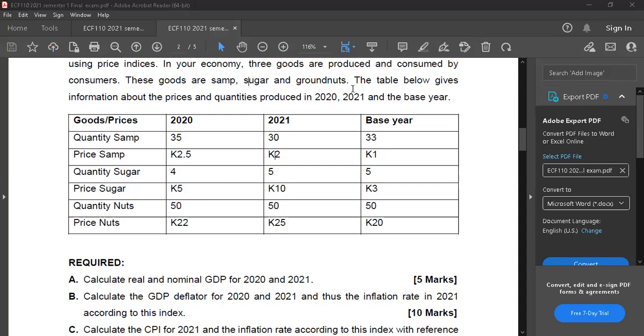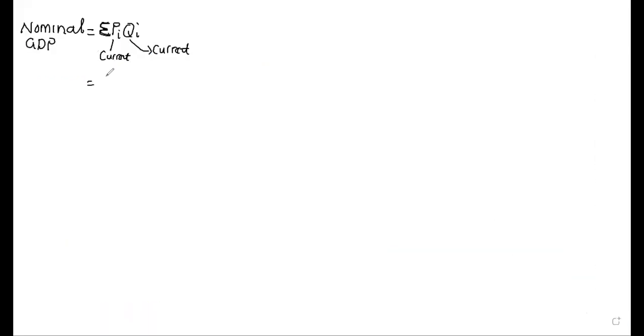What's 2020? 2020 is right here, this column. So we have stamp, it's 35, and then the price is 2.5. So you say 35 times 2.5. Then you put these in brackets. Then we say plus. That's what this summation sign means.